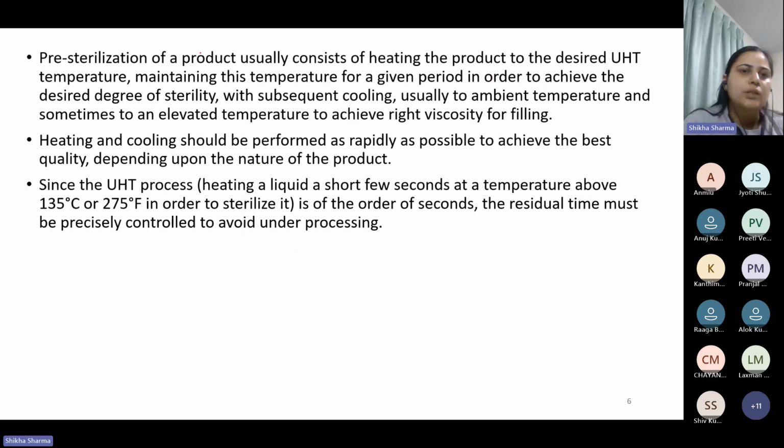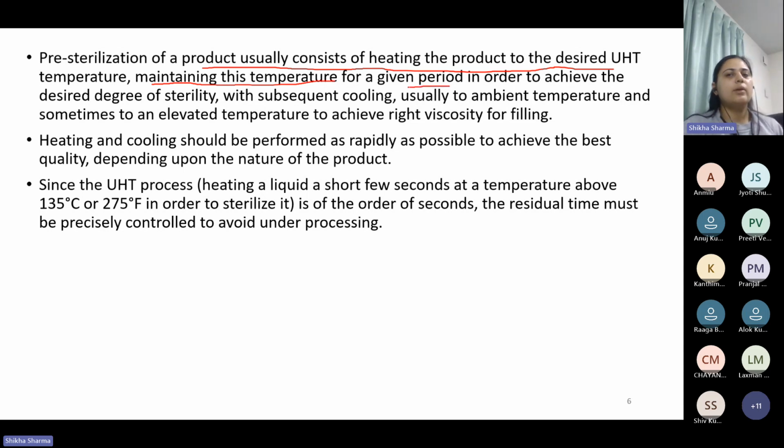Pre-sterilization of a product usually consists of heating the product to the desired UHT temperature. We heat the product to the desired UHT temperature, maintaining this temperature for some time.